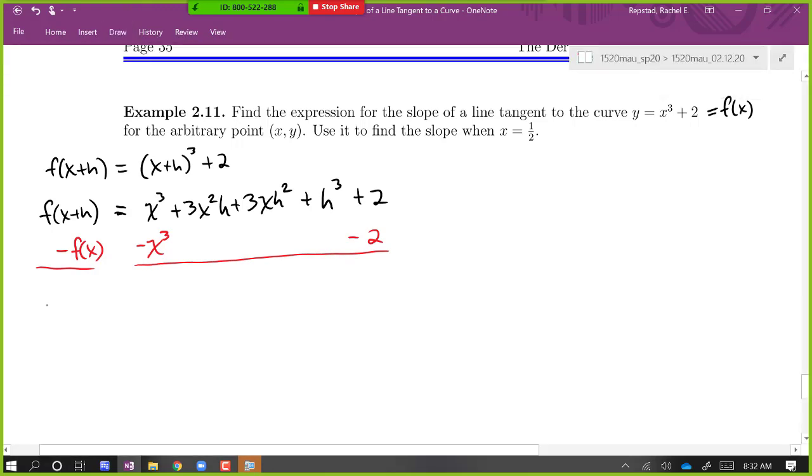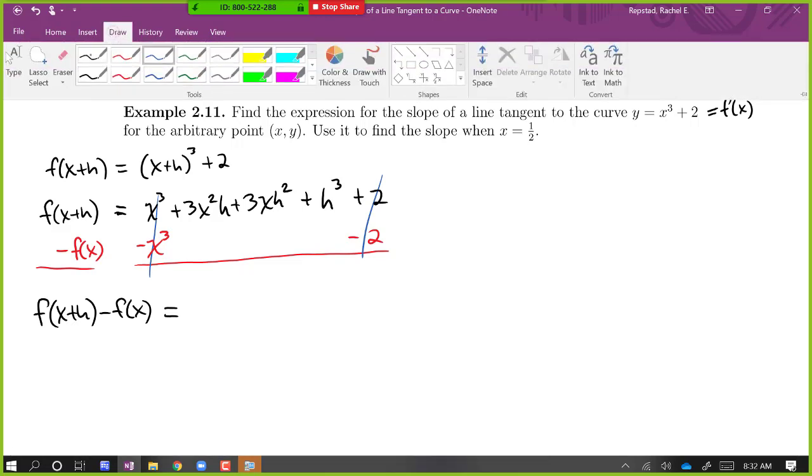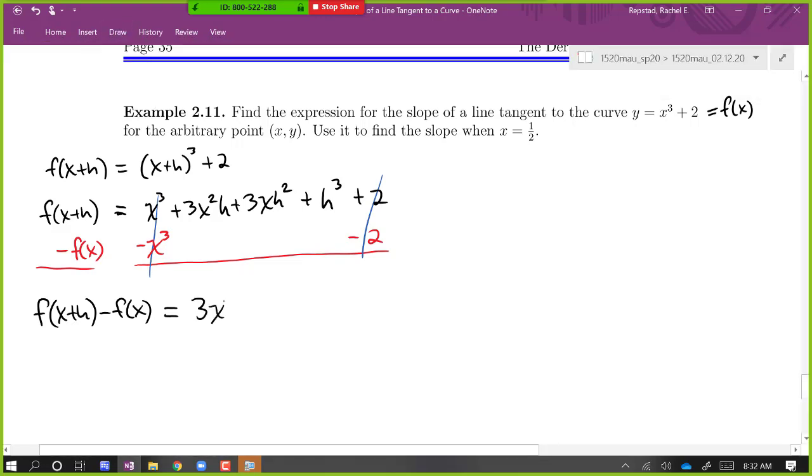On the left side, we have f of x plus h minus f of x. On the right side, the x cubes are gone and the constant 2 is gone. So we are left with 3x squared h plus 3xh squared plus h cubed. Notice now, in the beginning we're focusing primarily on polynomials.